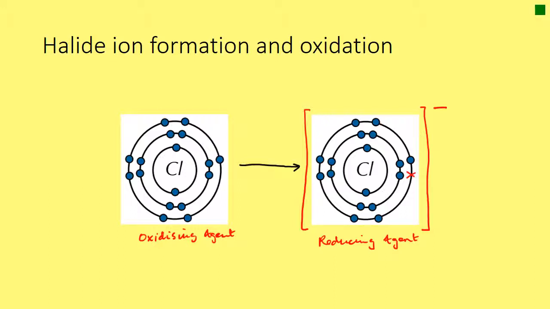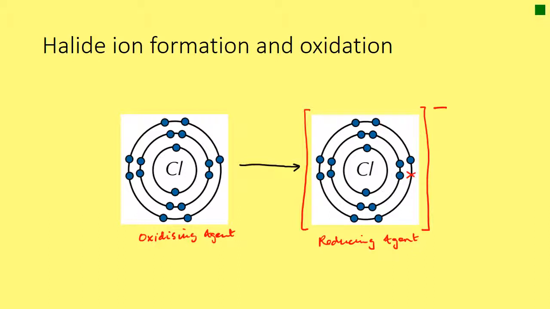But the chloride ion, and if we use the general term, the halide ion, is going to be a reducing agent. It's going to be a reducing agent, which you remember will reduce something else but get oxidized itself.